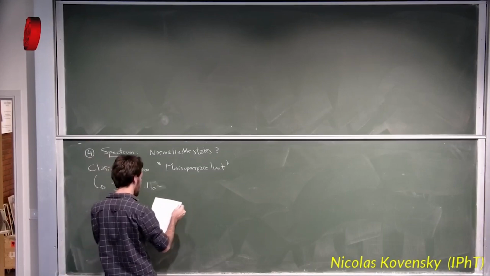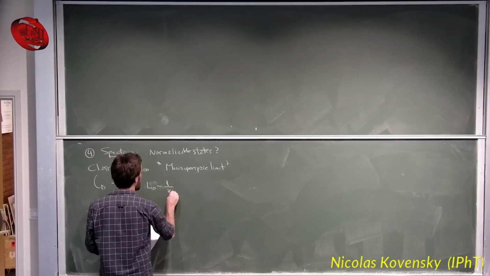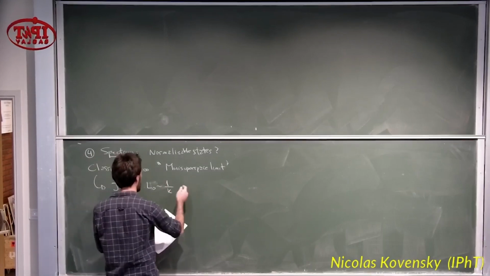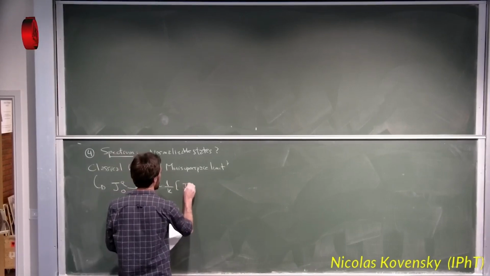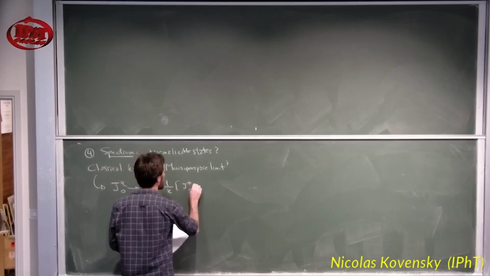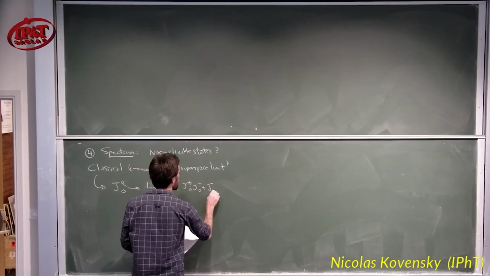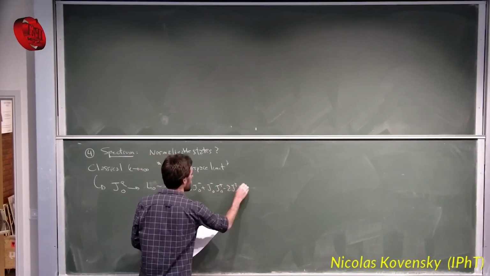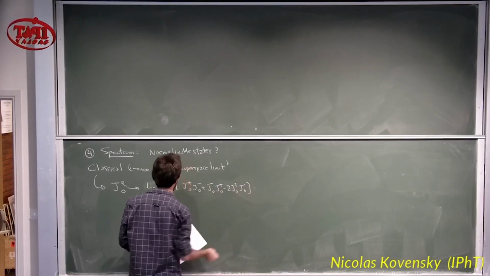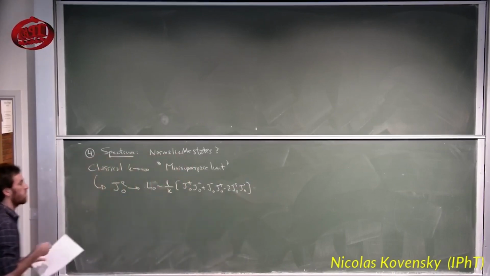The L0 is simply 1 over k, ignoring the -2 because I'm in the classical limit, times j plus... I may be missing a 1 over 2 here.